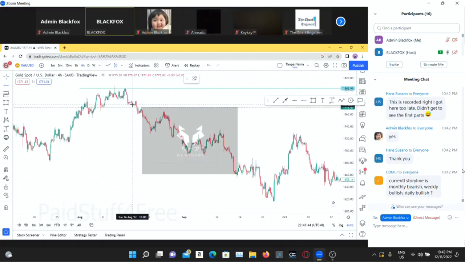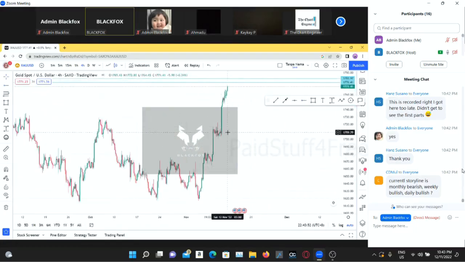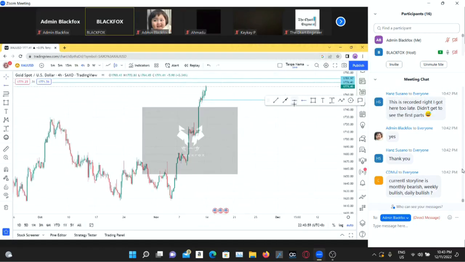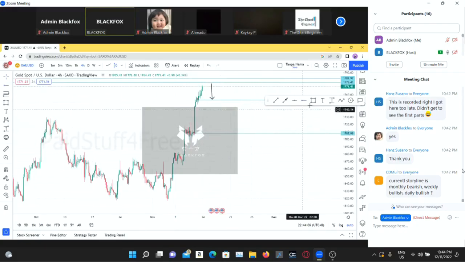This one I will try next week. If these two levels fail, then I will try at the weekly storyline. So I will buy at this support. If the support fails, then we wait at the new H4 support.